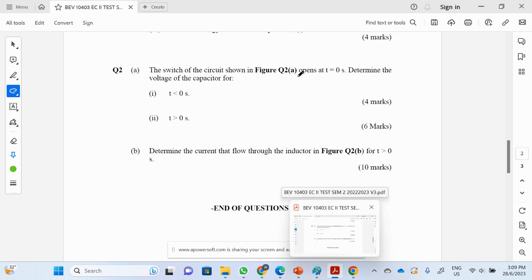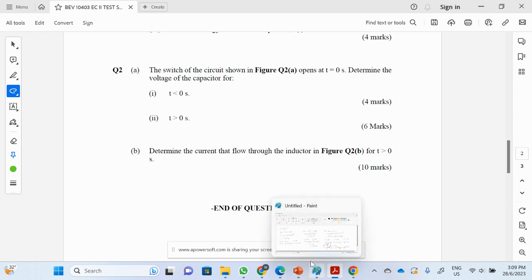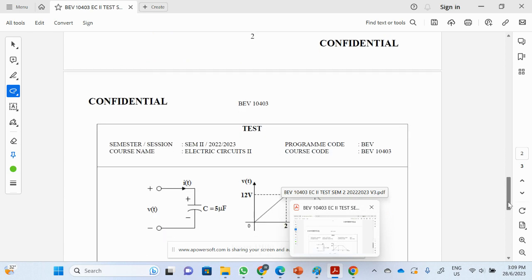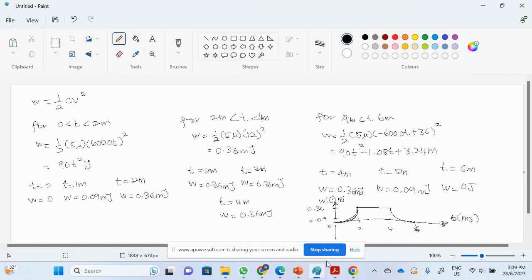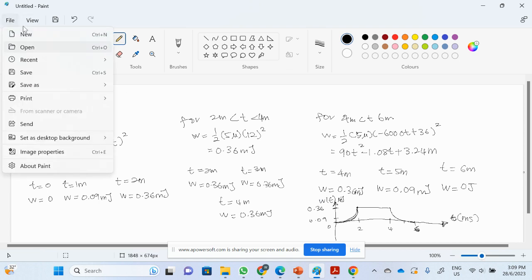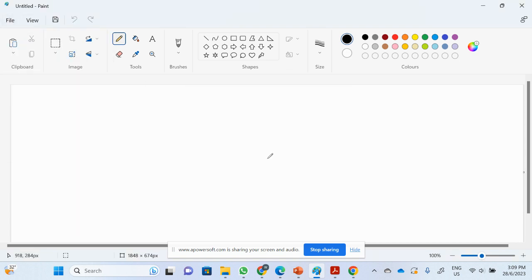Okay, so for figure Q2A, it opens at t equals 0 second. Determine voltage for t less than 0, t more than 0. Okay, so for figure Q2A, this is our circuit.